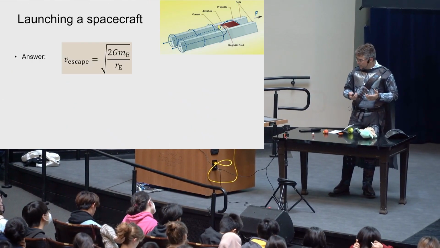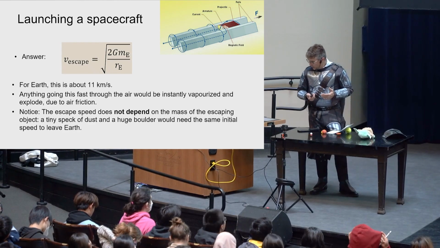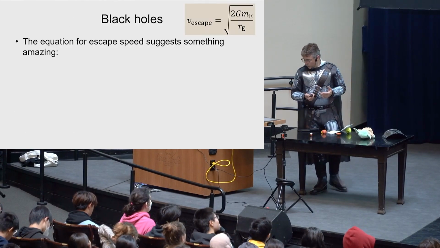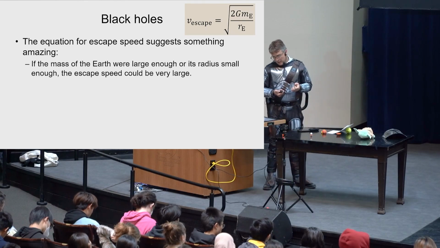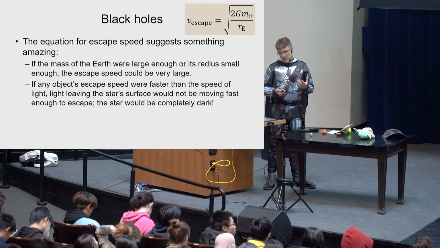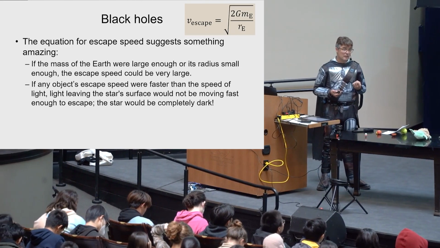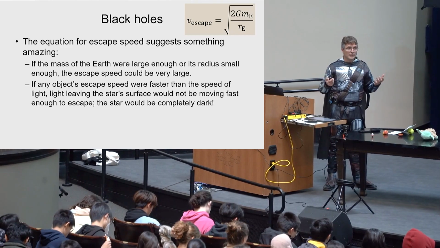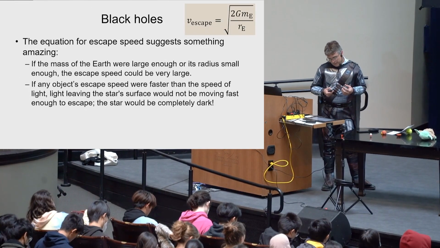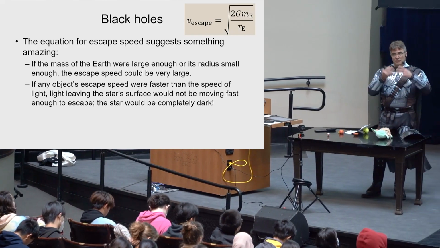At some point, you could have a black hole. If the mass of the Earth were large enough, or if its radius was small enough, you could actually get the escape velocity to be the speed of light, or greater than the speed of light. And since nothing can go faster than the speed of light, nothing can escape the Earth at that point.